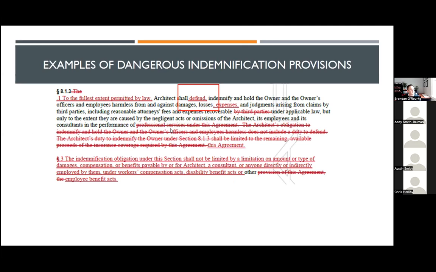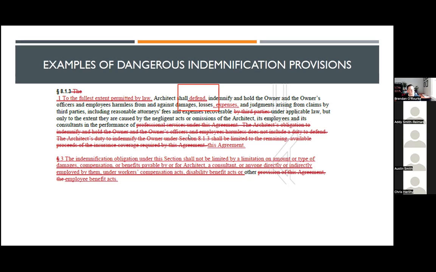Here's an example of an AIA contract that was modified by the owner's counsel, where they inserted the language defend into the contract, as well as removed the language from the AIA contract that specifically says that the indemnification provision does not include a duty to defend. So we had to go back and forth on that.